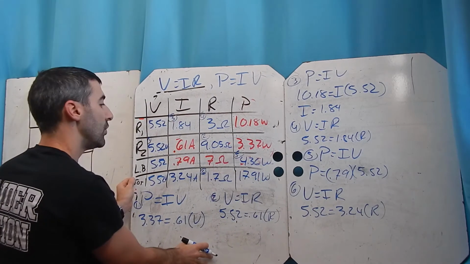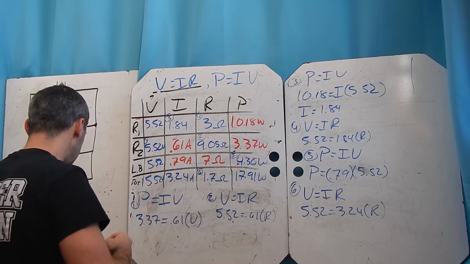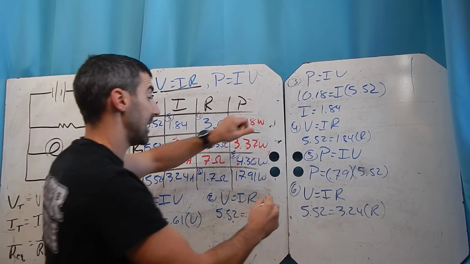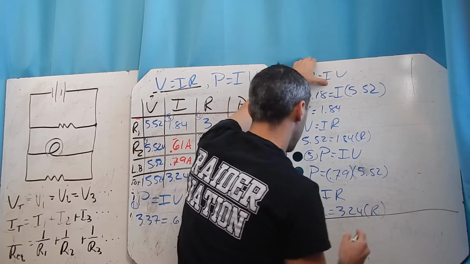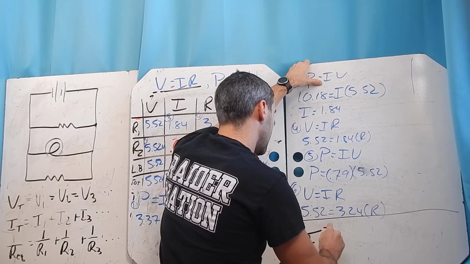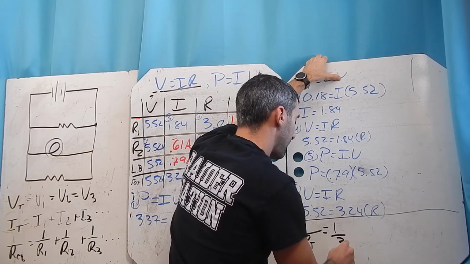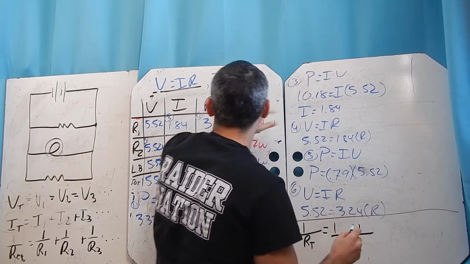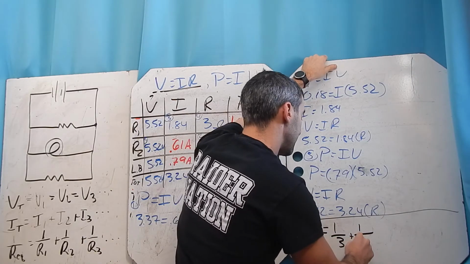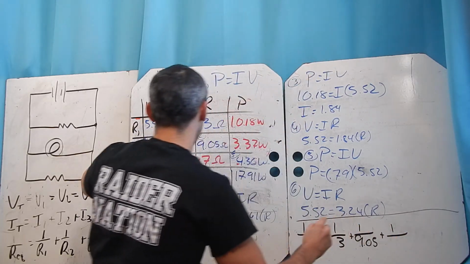Now, I do want to check. I do want to go through the hard resistance. So we're going to do that last thing together. 1 over R total equals 1 over 3 plus 1 over 9.05 plus 1 over 7.